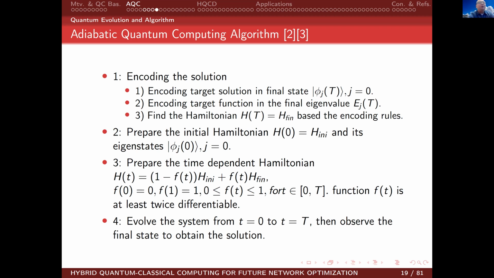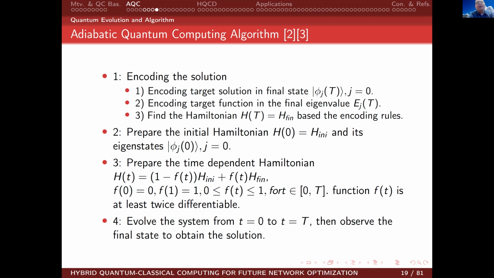So in order to find the solution, we need an encoding technique to encode the target solution on the final state. Remember, when I say adiabatic quantum computing, it is used to simulate the quantum dynamic process. So eventually you will get a final state. That means if you use this quantum computer to solve a problem, after the quantum dynamics you get the system in a final state, and you want the final state to be your solution.